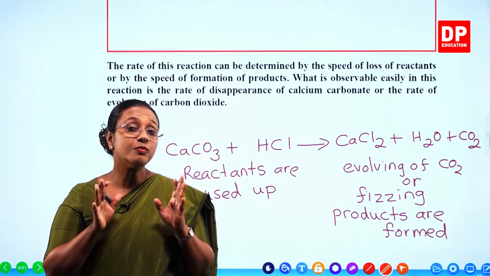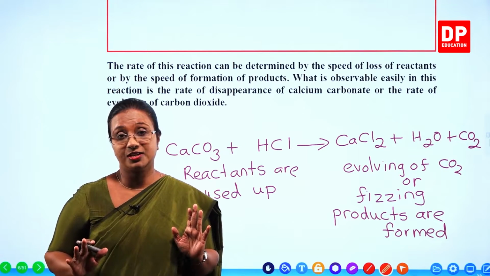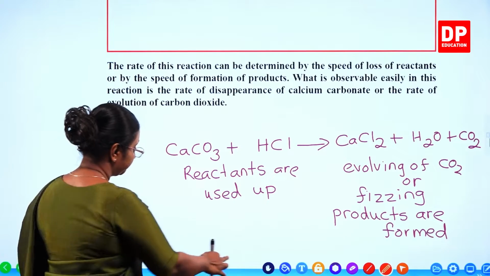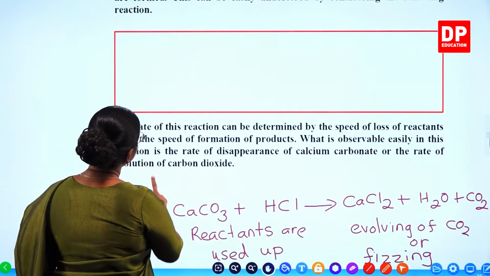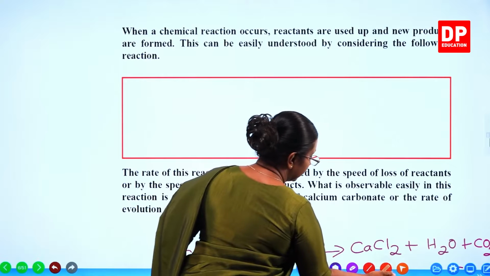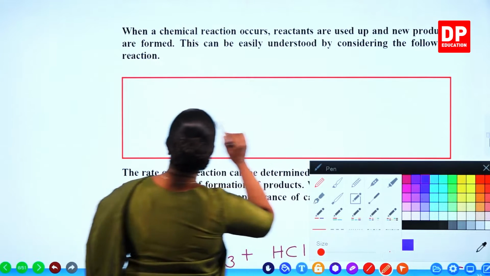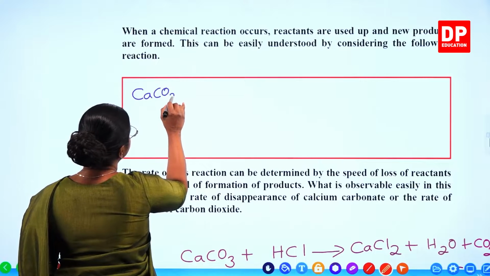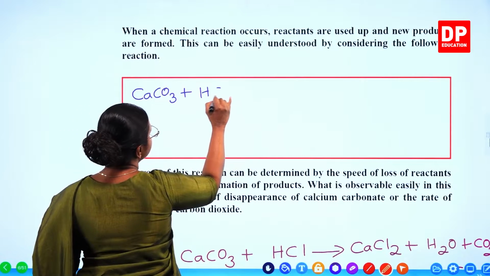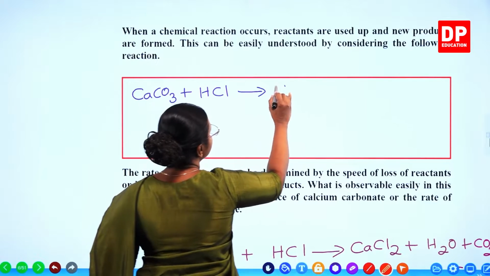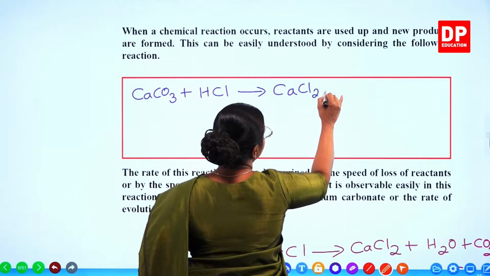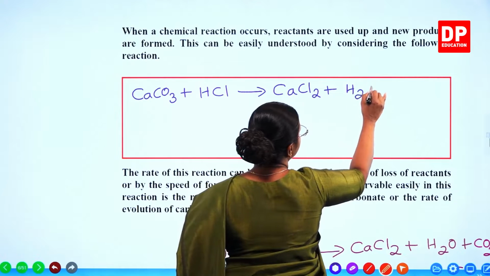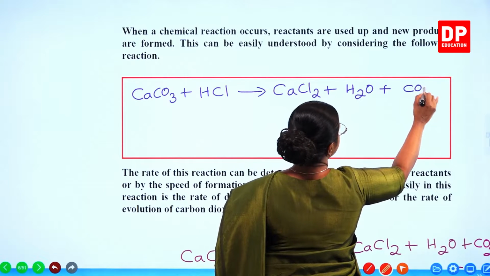So, now we want to observe the rate of reaction. For that, if I go back, here again we will take the same reaction, calcium carbonate plus HCl giving rise to calcium chloride plus water plus CO2.